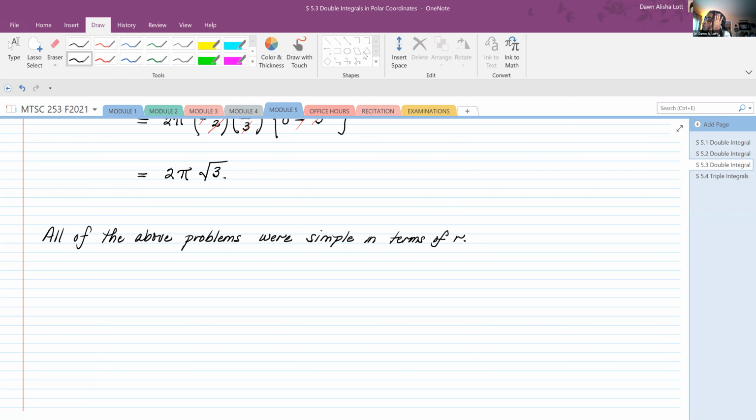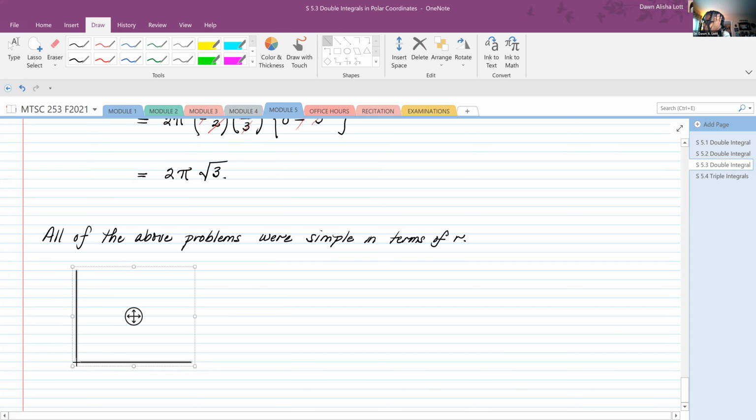So now suppose you have something like this. And so now it does something like that for theta. So now this is R equals H1 of theta.